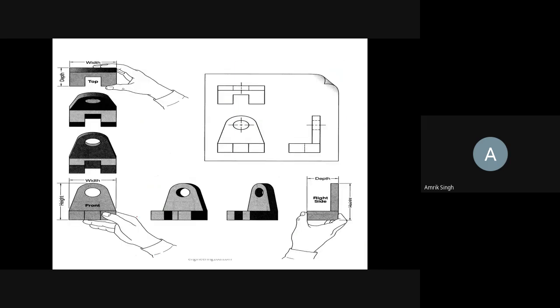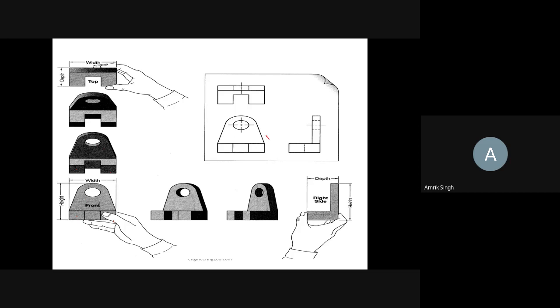So here you can see this is an object. If you see this object from the front, from the front view it will look like this. So this box for this box for this, and this will merge with this, and there will be the circle here, then height, then width.